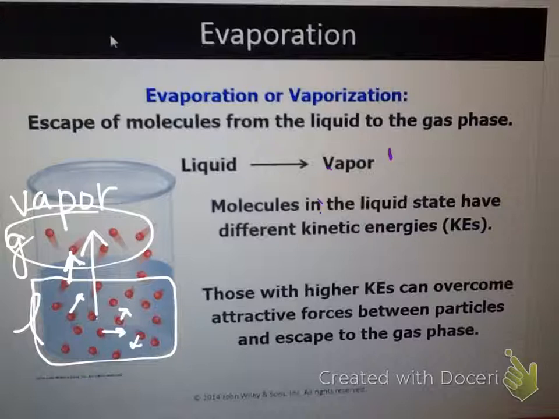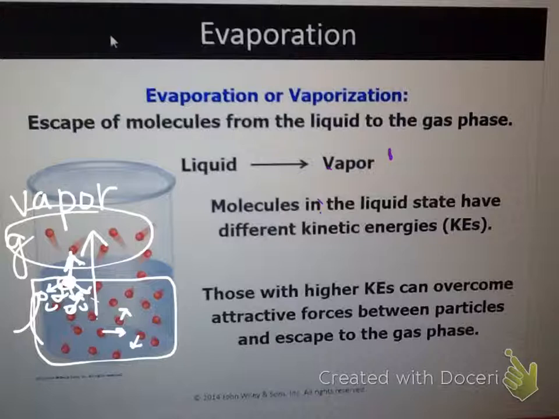So the molecules in the liquid state with the higher kinetic energies can overcome the attractive forces that are holding those particles down. There are attractive forces between the particles in the container. They all want to pull this particle here in, but that particle has enough kinetic energy to overcome all of those intermolecular forces, and it escapes into the gas phase.